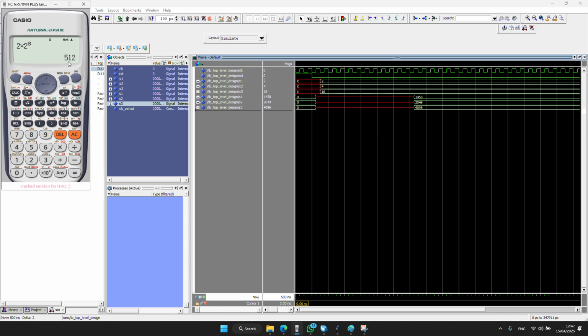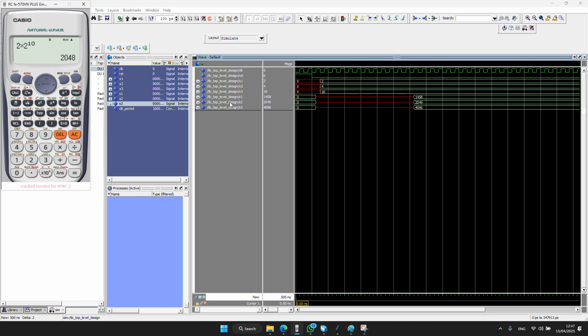We get 512. That is not correct. There might be more, because the answer is 2049, so it is more than 8. Let's try 9. 1024, still no. Okay, 2048. So this is now very close to our answer or output.